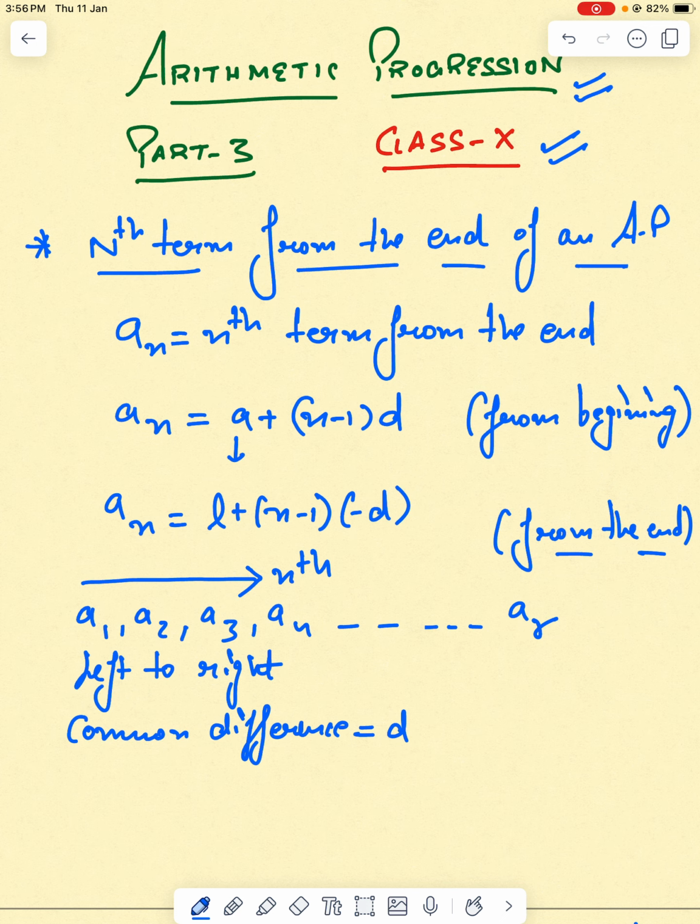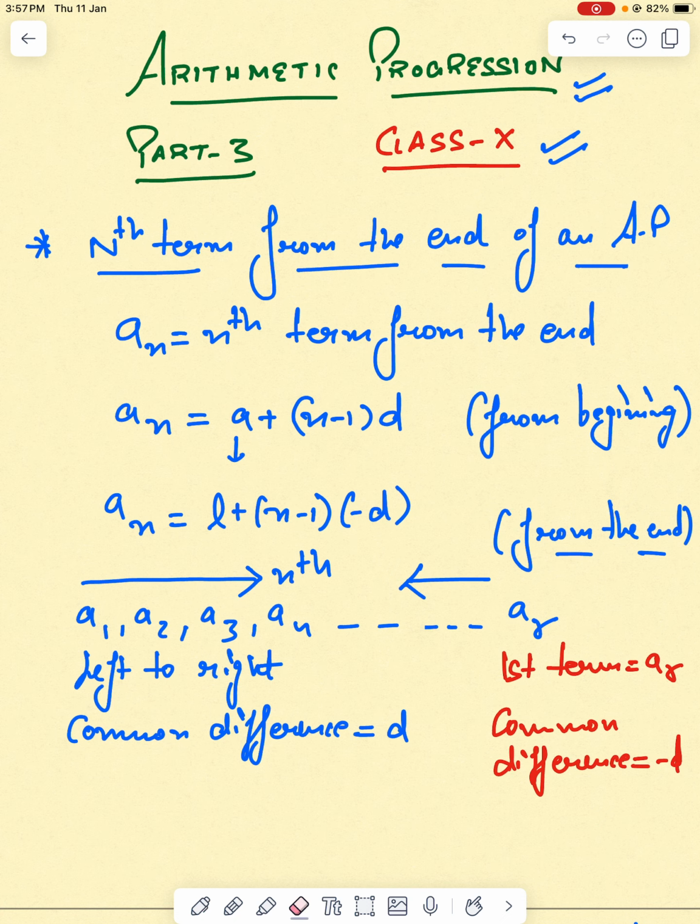Similarly, if we move from right to left, our first term will become an, and since the direction is changed, we have to put the minus sign. The common difference will become minus d for the same sequence. I'm talking about the same sequence, not a different sequence. So here your first term is a1. Okay, I think the concept is clear.